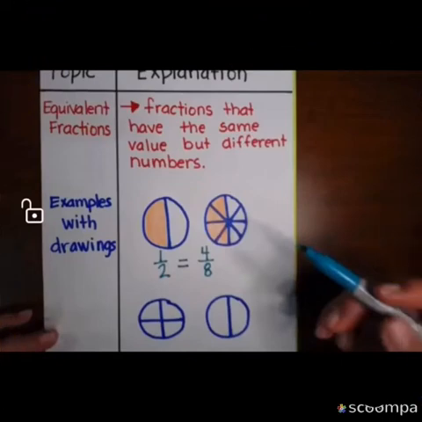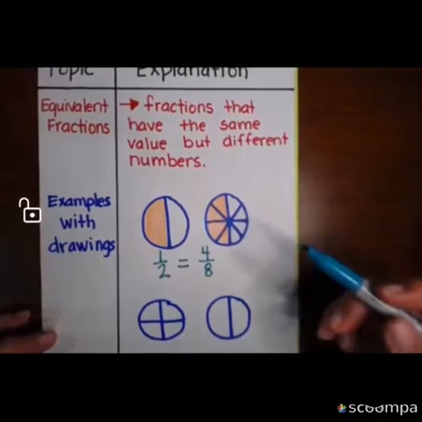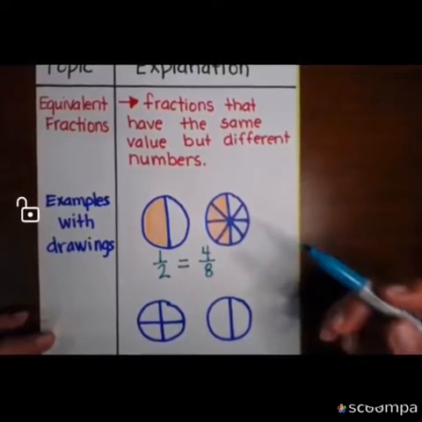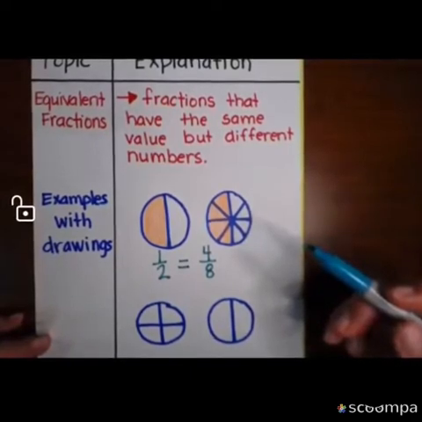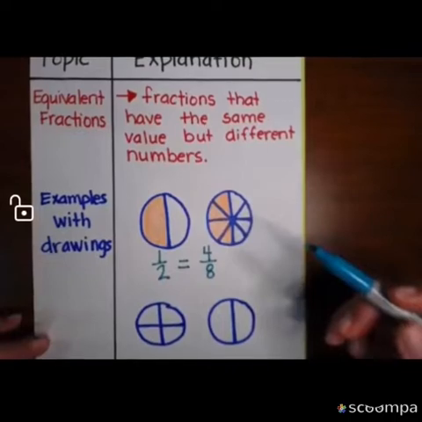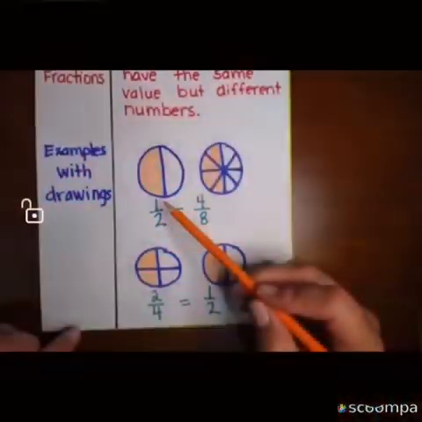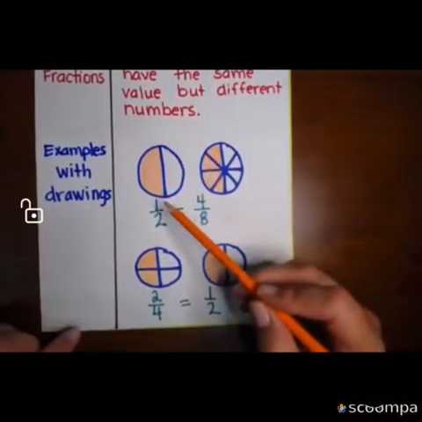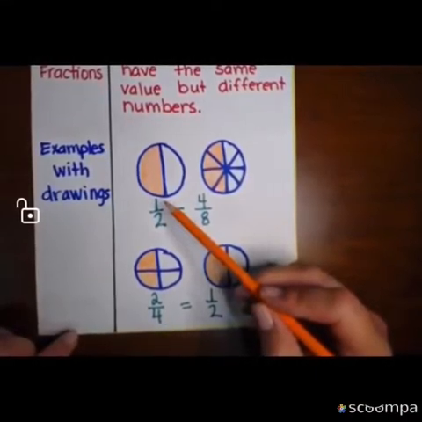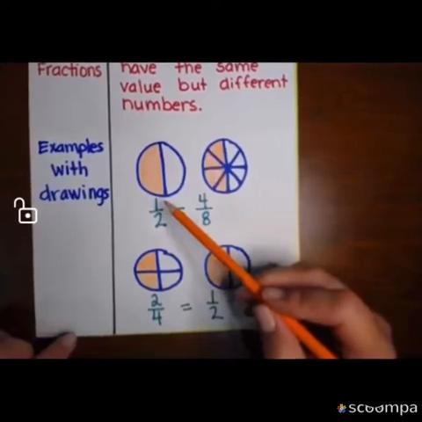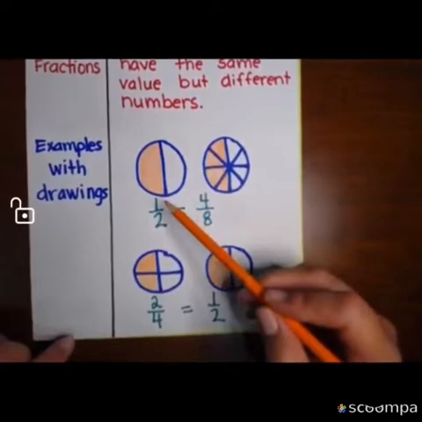So here I draw and color it, and it becomes half. For the next circle, I cut it into 8 pieces. So the numerator becomes 4 and the denominator becomes 8. So 1 over 2 equals 4 over 8. And in another circle I can see 2 over 4 equals, excellent, half. You can draw and color this in your copybook.